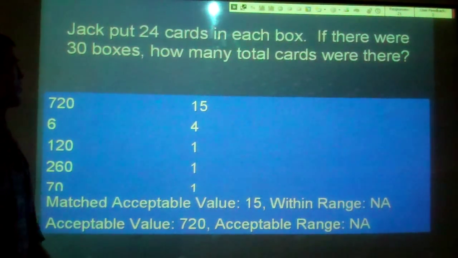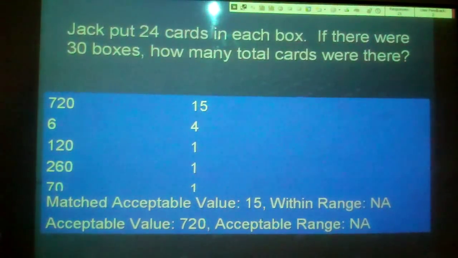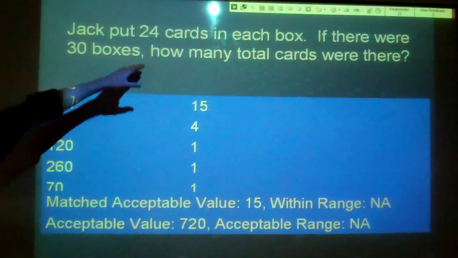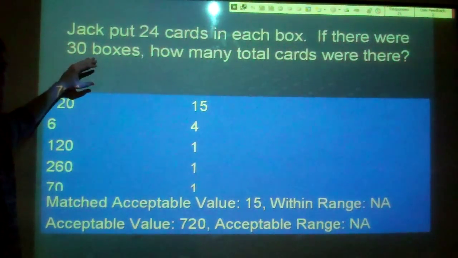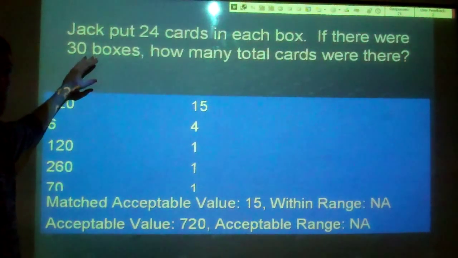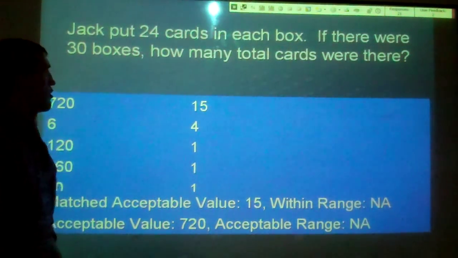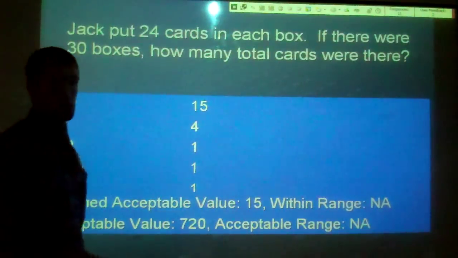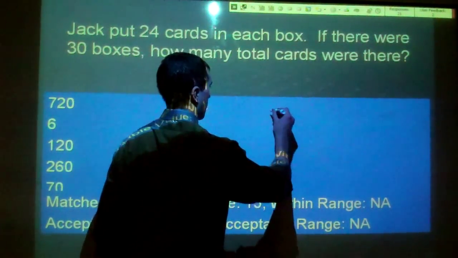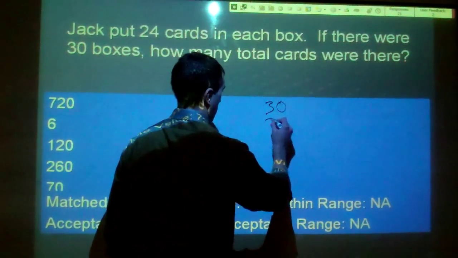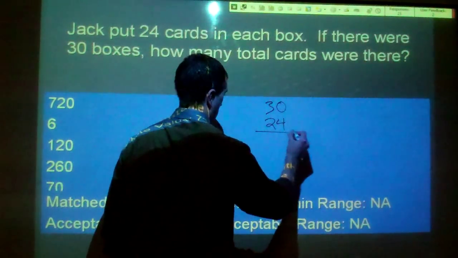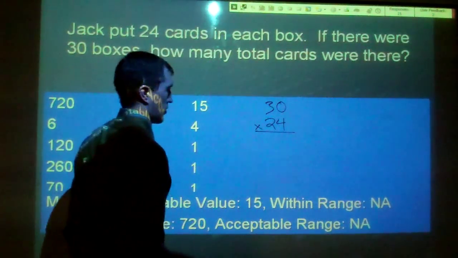Let's see how. Okay. It says Jack put 24 cards in each box. If there were 30 boxes, how many total cards were there? Well, we've got 24 cards in each box, and there are 30 boxes, so that's 30 boxes times 24 cards. Alright, so we do our multiplying.